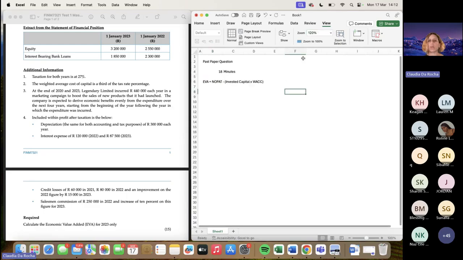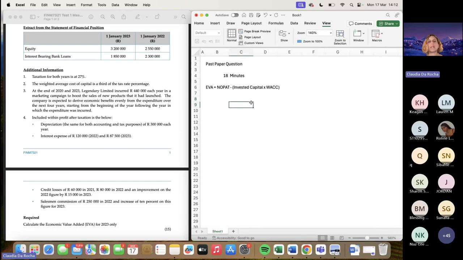The reason is because that is what is available to me. And plus, for me, that's an easier one. I don't have to now get the net profit, invested capital, and divide and get the return on invested capital, etc. So I'm using that formula. The first part is I've got to calculate my NOPAT.